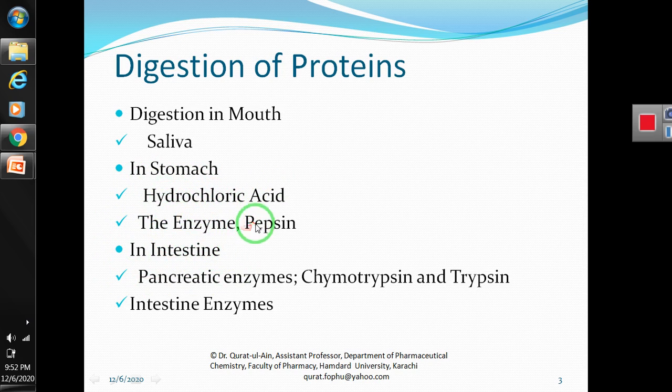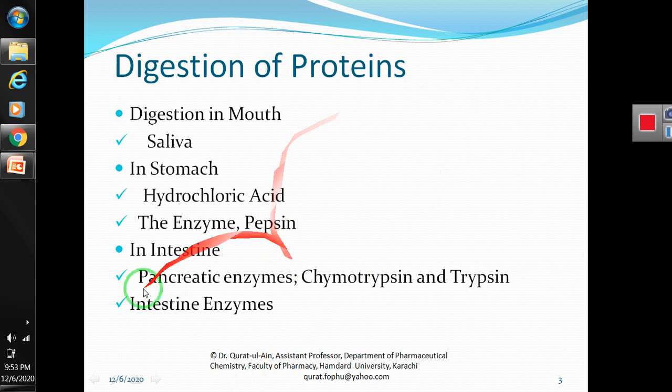First of all, just keep in mind that in the stomach, hydrochloric acid and the enzyme pepsin help with the chemical digestion of protein, and the stomach's churning movement helps with the mechanical digestion.